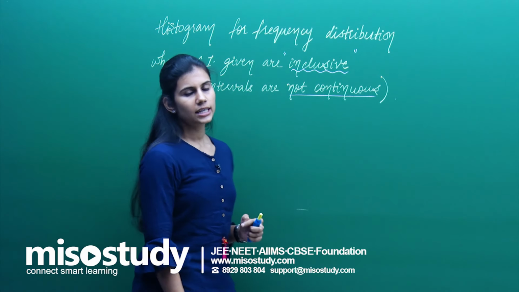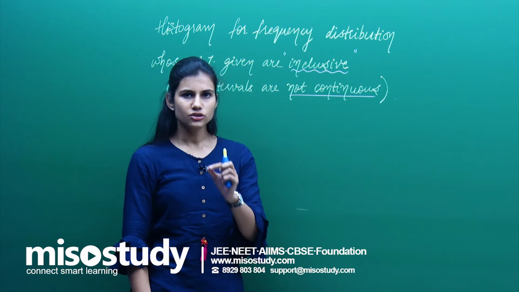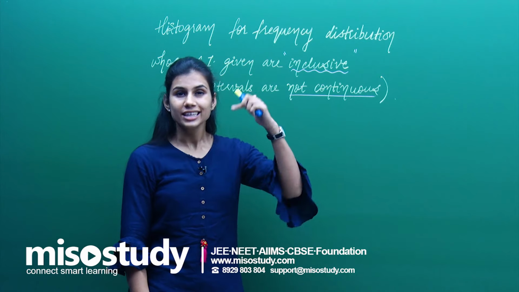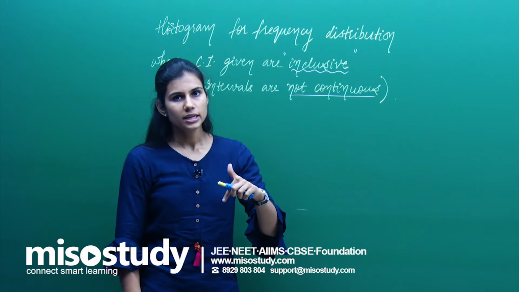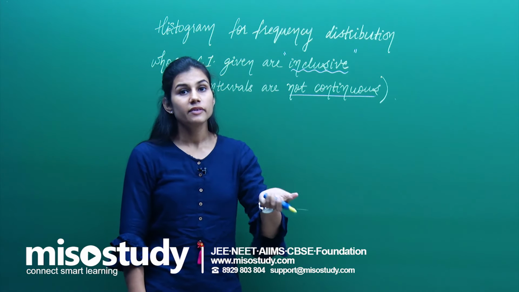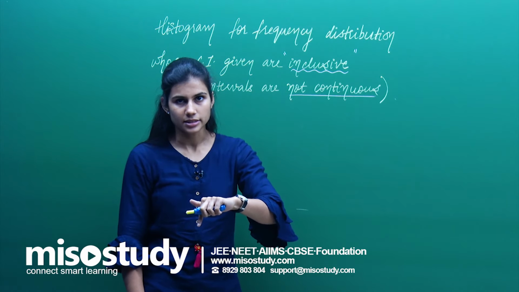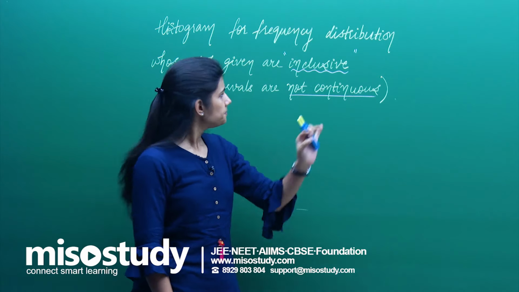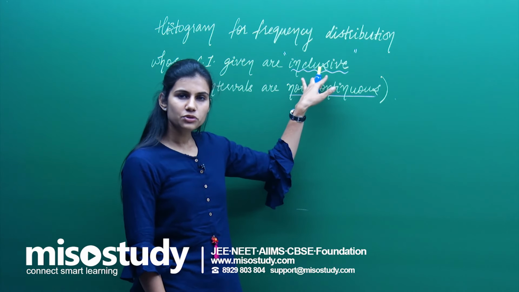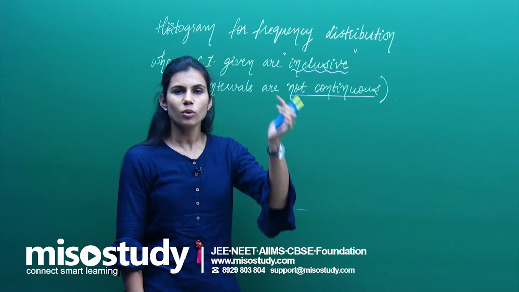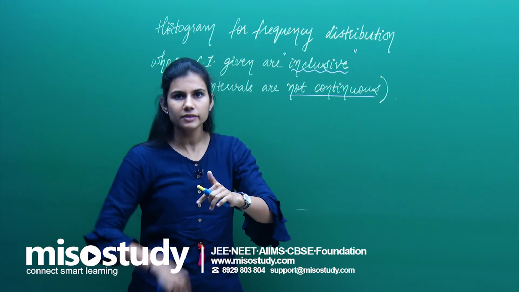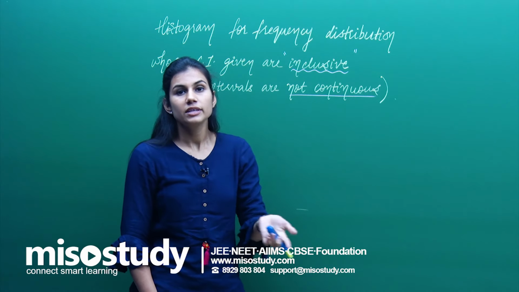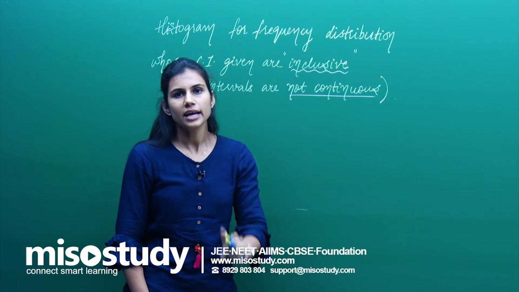The moment I say that the class intervals given are inclusive, I am actually trying to say that the upper limit of any class interval is first of all included in that class interval. Why? Because the upper limit of one class interval is not equal to the lower limit of the other class interval. Is it understood? Complete opposite of the exclusive case. In the exclusive case, what used to happen? The upper limit of one class interval was equal to the lower limit of the next class interval, and therefore we said that the upper limit of any class interval is not included as a value in that class interval.